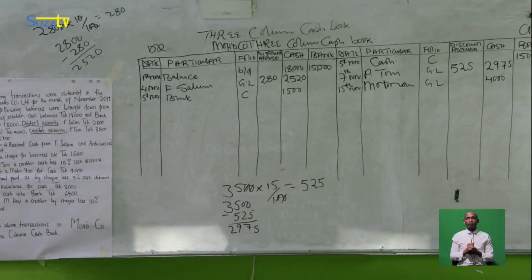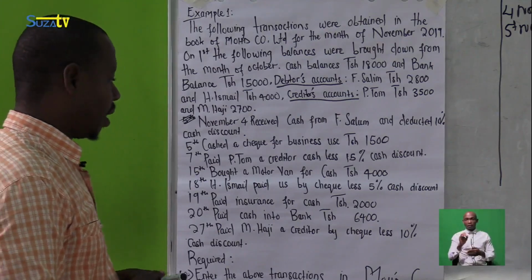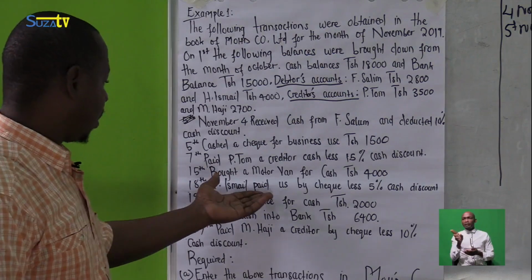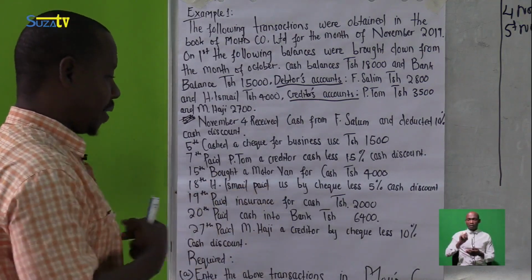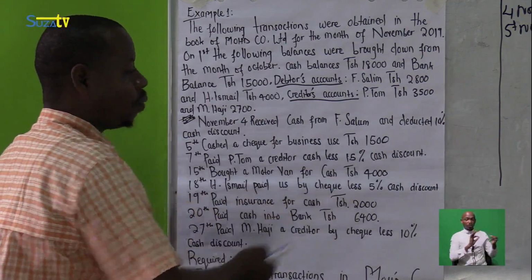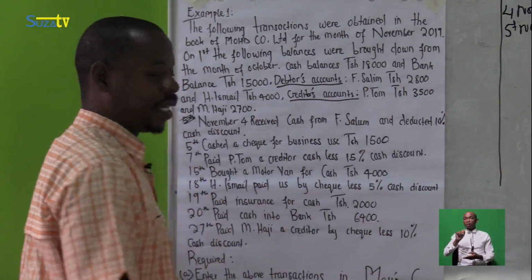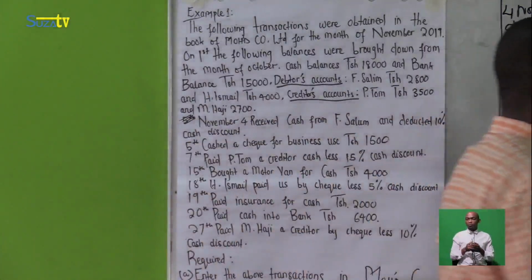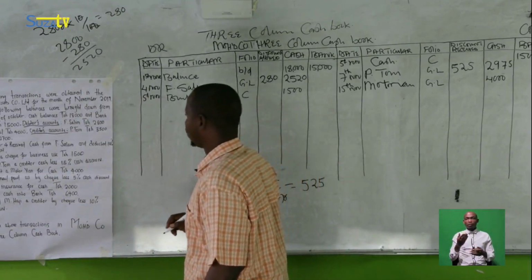At 18th, H. Smile paid us by check less 5% cash discount. I think H. Smile is a debtor and he paid us by check, but we give H. Smile 5% as a discount. How much did the business owe H. Smile?